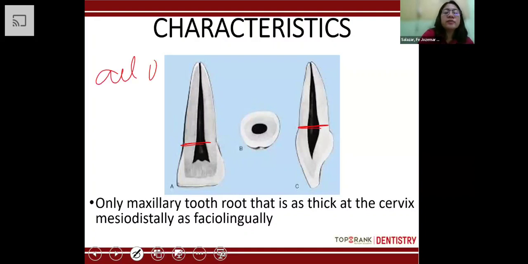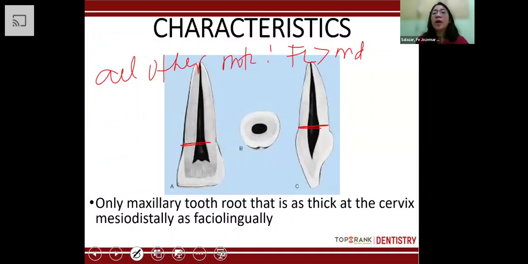All other roots, aside from the root of your maxillary central incisor, are wider faciolingually than mesiodistally, all roots at the cervical area. Pero yung maxillary central, equal yung measurement niya faciolingually and mesiodistally on the most cervical part of the root.